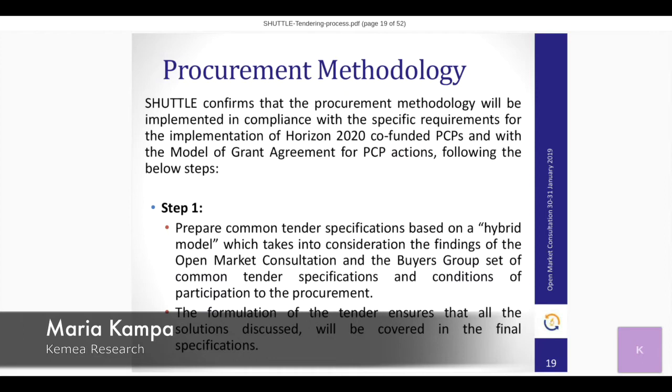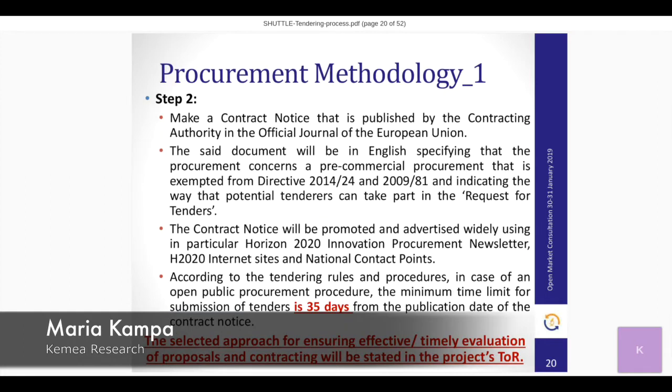The first step, prepare the common tender specification based on a hybrid model, which will take into consideration the findings of the open market consultation and the buyers group set of common tender specification and conditions of participation to the procurement. The formulation of the tender ensures that all the solutions discussed will be covered in the final specifications.